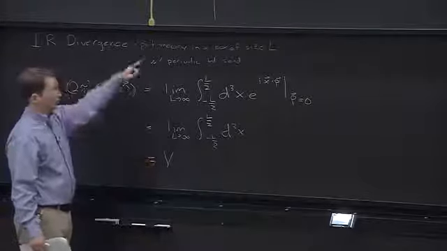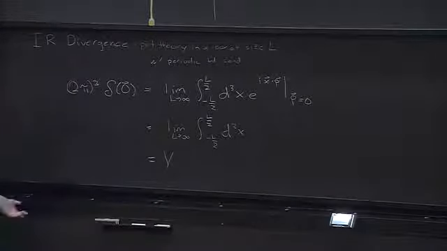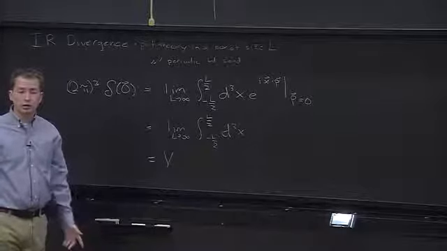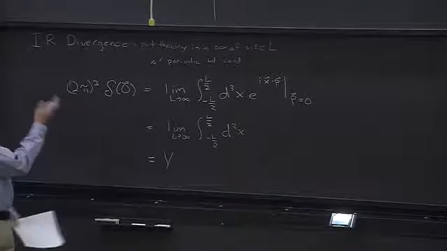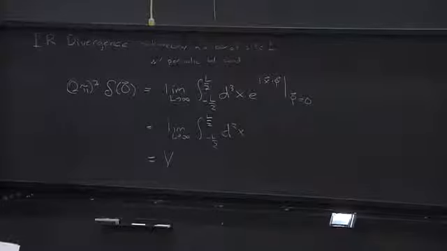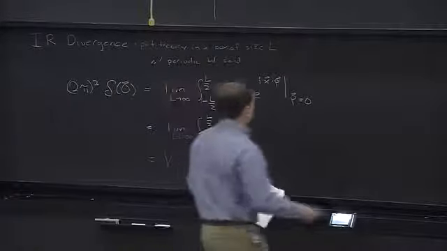Well, one reason we get a divergent ground state energy is because the volume of Minkowski space is infinite. So if we have an infinite spatial volume, of course we get an infinite energy, unless the energy density is 0. So maybe a better question to ask is not what is the energy of the ground state, but what is the energy density of the ground state. So let's try to compute that.